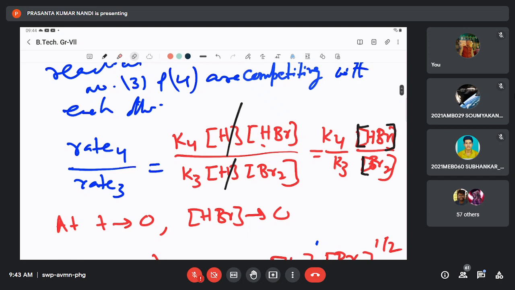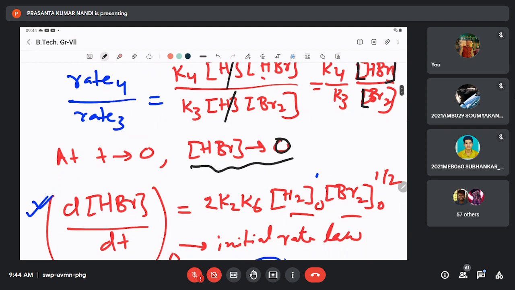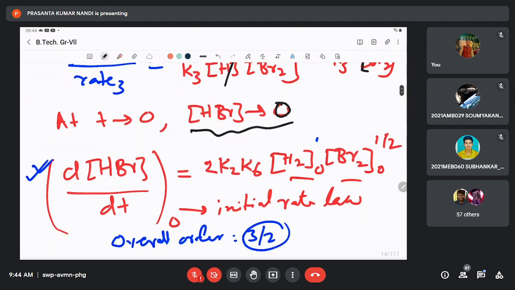Now, as t tends to 0, what happens? At the very beginning of the reactions, there is no product, so the concentration of HBr is always 0. And so the rate of formation of HBr we can write in this form.